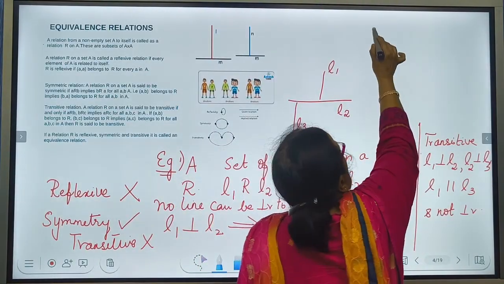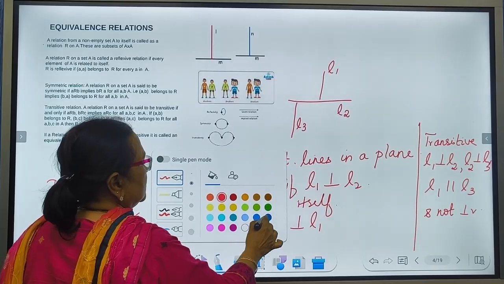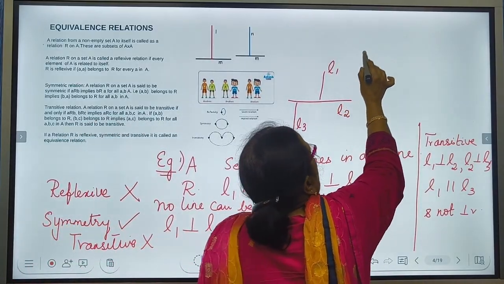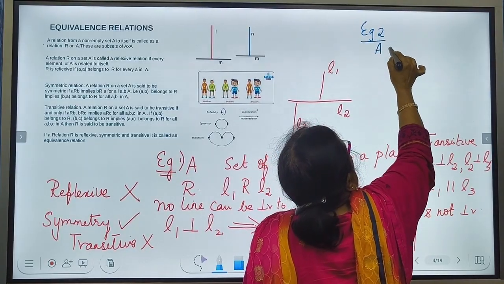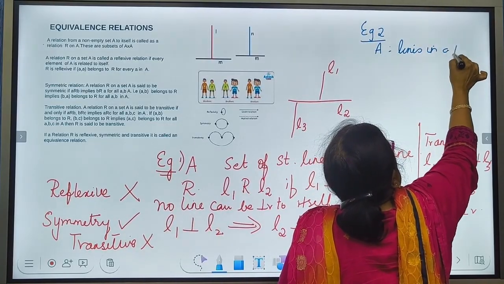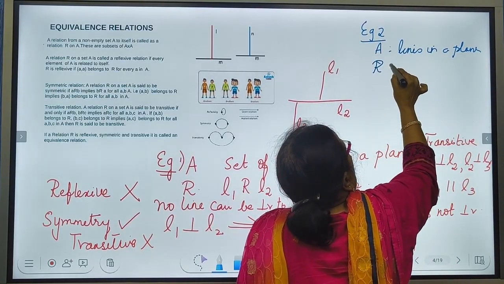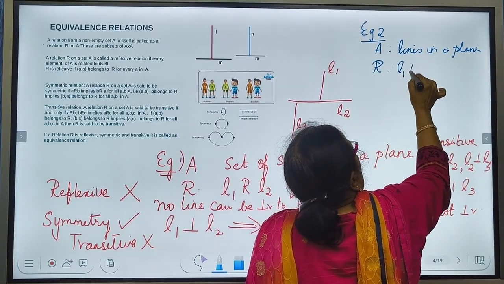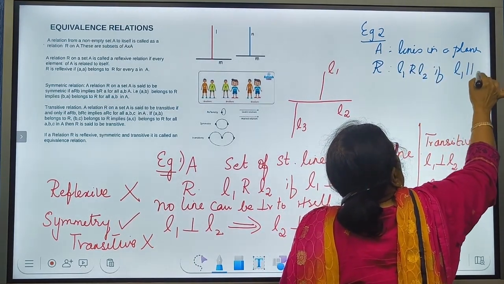Let us look at example 2. A is the set of all straight lines in a plane. Relation: L1 is related to L2 if L1 is parallel to L2.